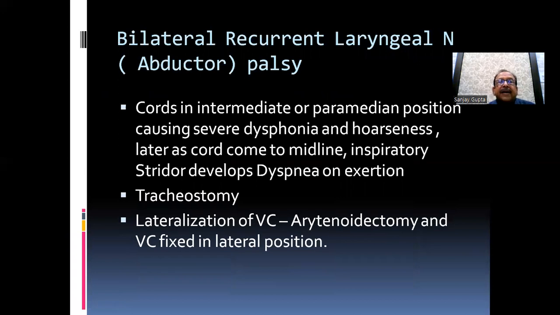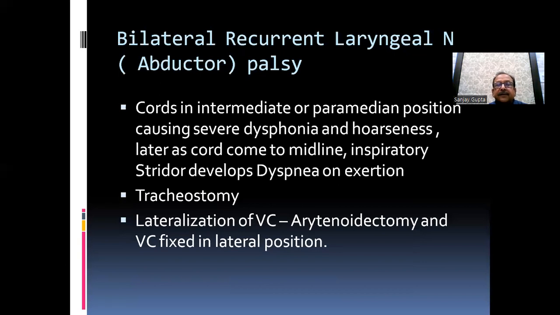Talking about bilateral recurrent laryngeal nerve palsy or abductor palsy, the cords are in an intermediate or paramedian position, and they cause severe dysphonia and hoarseness. Later, as cords come to midline, inspiratory stridor develops and there is dyspnea on exertion.